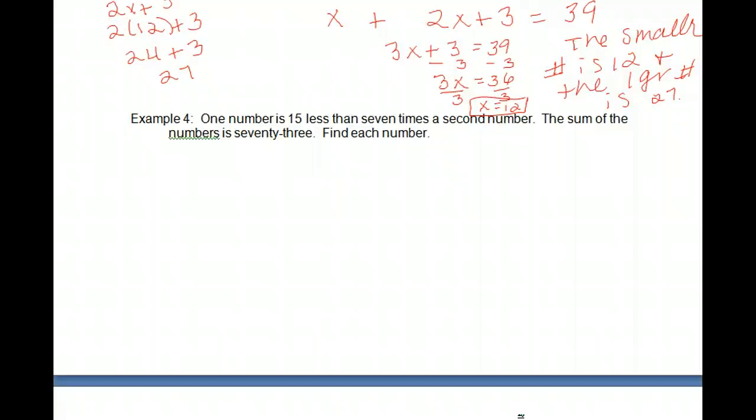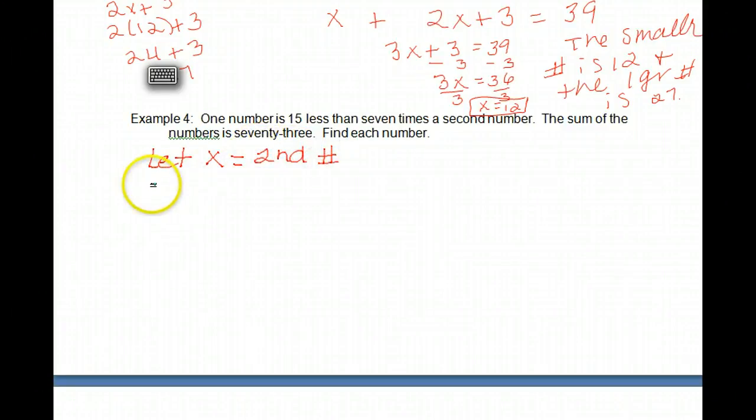Okay, at this point you should have had an opportunity to solve example 4, and you should have noticed that when it said one number is 15 less than 7 times the second number, that meant that the first number is based off of the second number. So we're going to let x equal the second number.